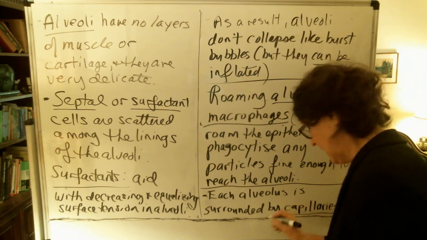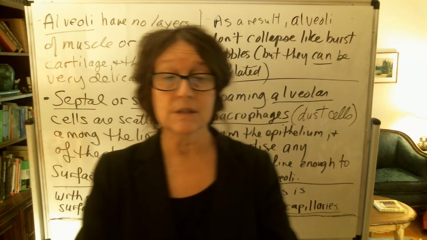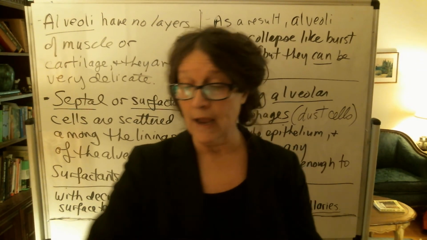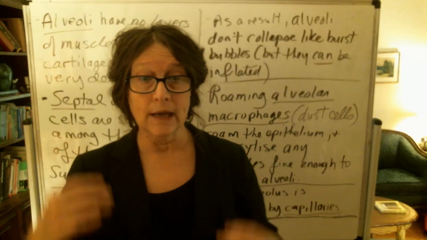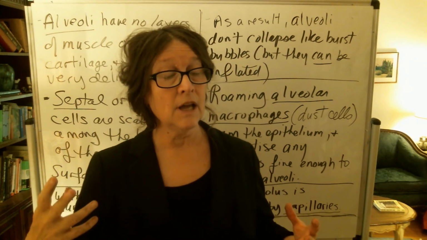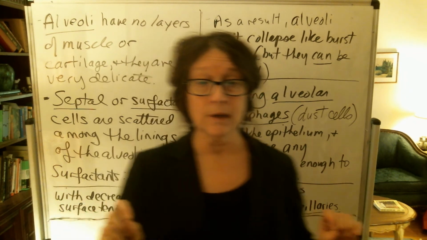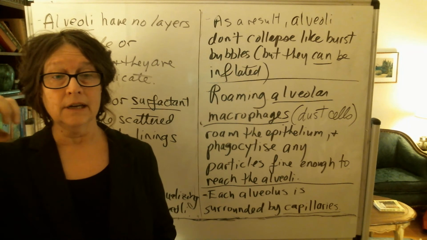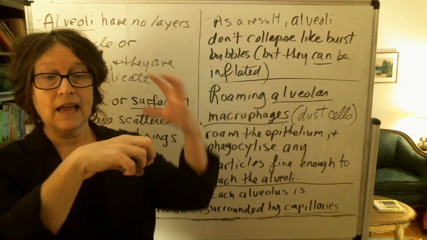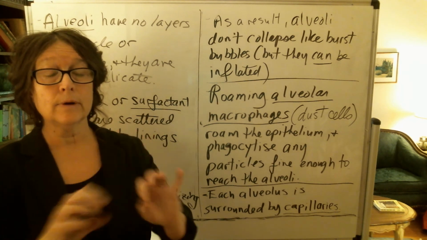This is crucial because in order for gas exchange to actually be of any use to us, we have to be able to get the blood from our lungs past the respiratory surfaces and into our bloodstreams. So, as a result, each single tiny alveolus then has capillaries, tiny, tiny, tiny blood vessels all around it.